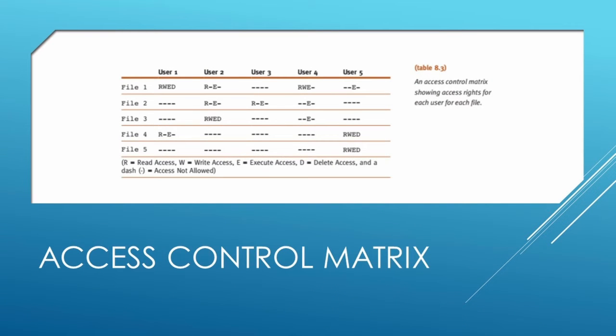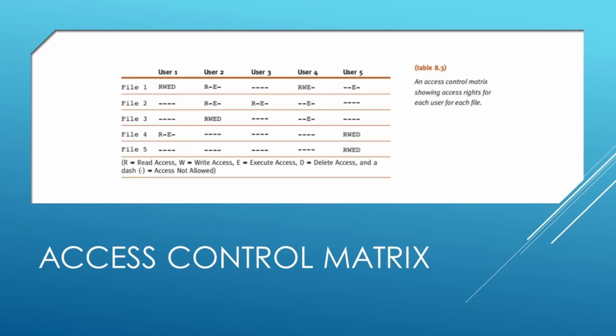The access control matrix uses a column to identify a user and a row to identify a file. Such an organization is intuitively appealing and easy to implement. But because it can grow to a huge size, it works well only for systems with few files and/or few users.